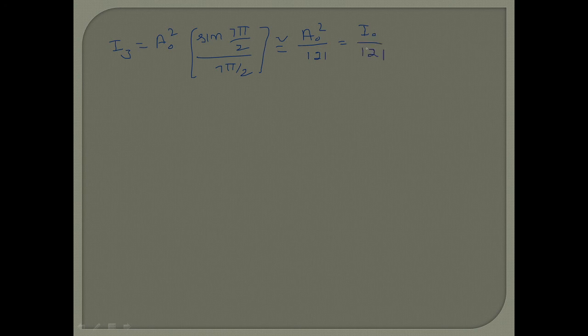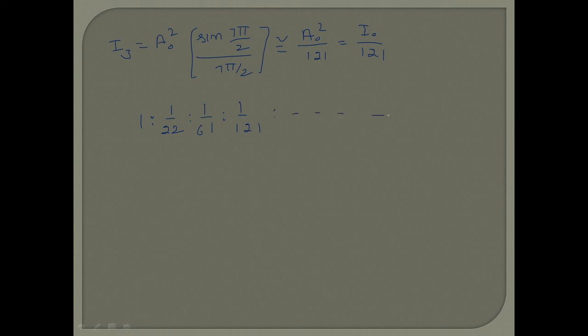So the ratios of the maximum intensities of the first, second, and third maximas are 1 by 22, 1 by 61, 1 by 121, and so on.